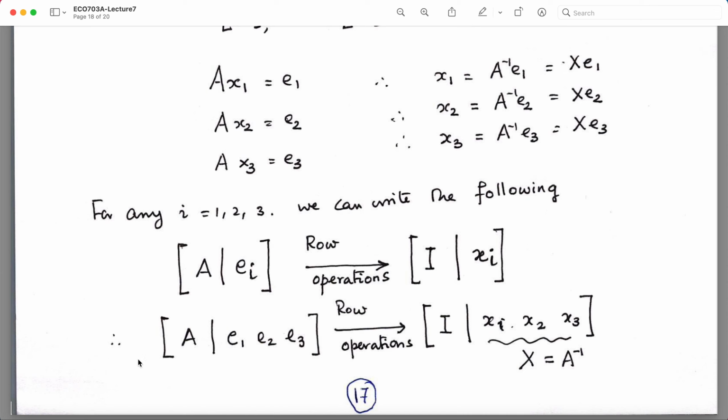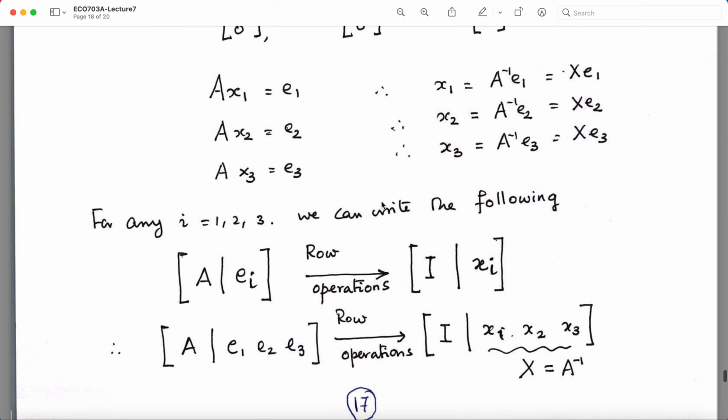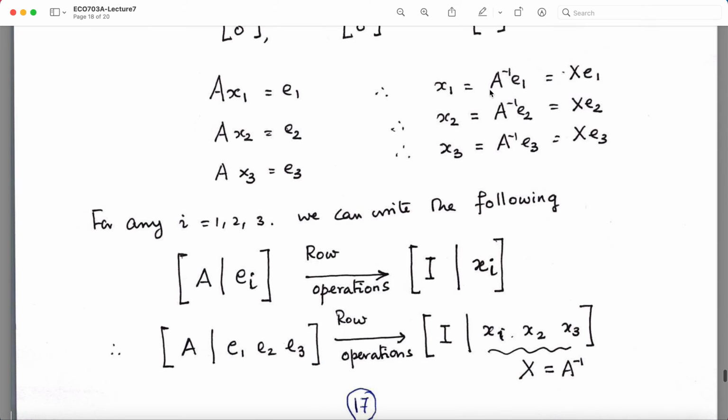But what would happen is that if you are doing the row operations on the individual systems, A x1 equal to E1, A x2 equal to E2, A x3 equal to E3, and solve them out, then also you directly get the x vectors.